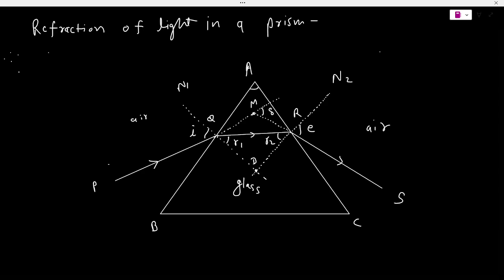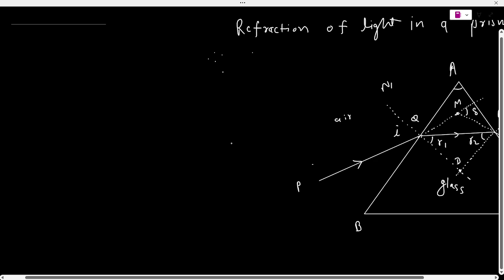This is called the angle of prism. Now we have to calculate the angle of deviation. So let's say if this is angle I, this angle should also be I. Okay, keep this in mind.